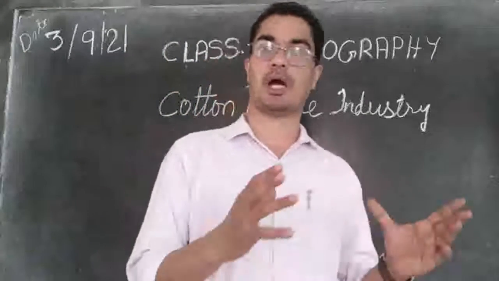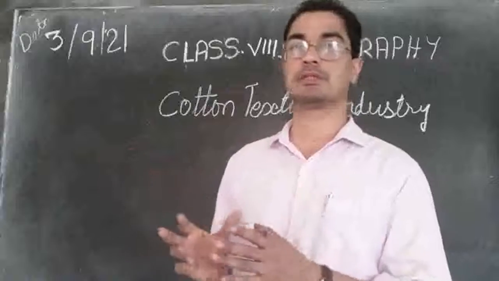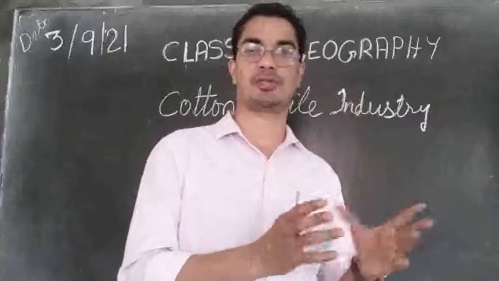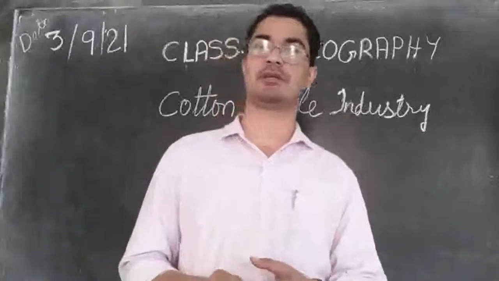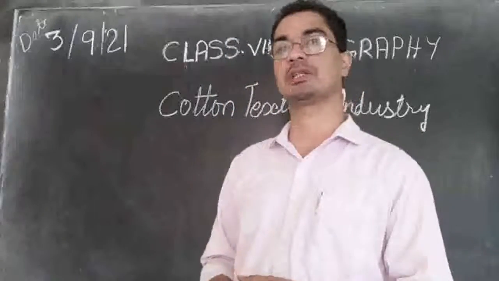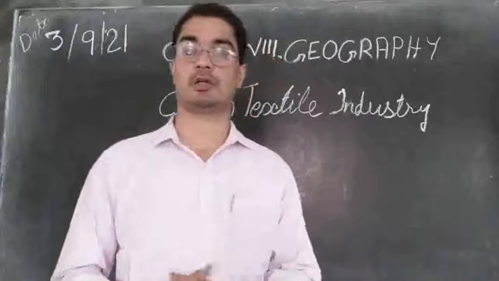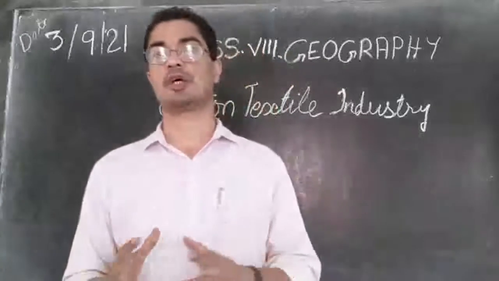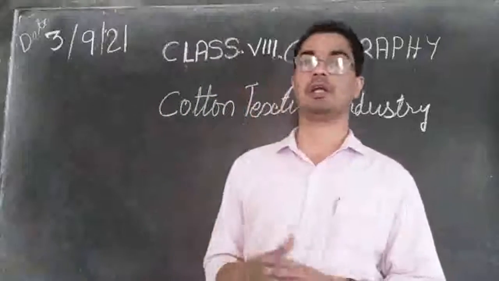Now we are creating artificial climate in different places so that cotton can grow there also, and wherever there is a port we can import the machinery from other countries and start this growth of cotton there and establish the industry there. So we see the cotton industry has flourished in India.